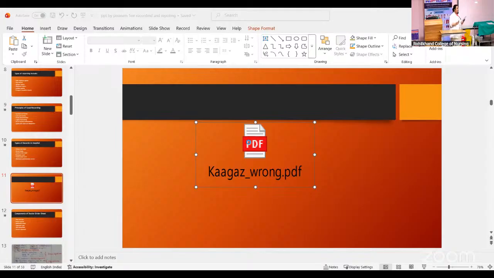So next there is a column date, there is a column of progress, there is a column of treatment. So in date, what do we have to write here? Date and time.